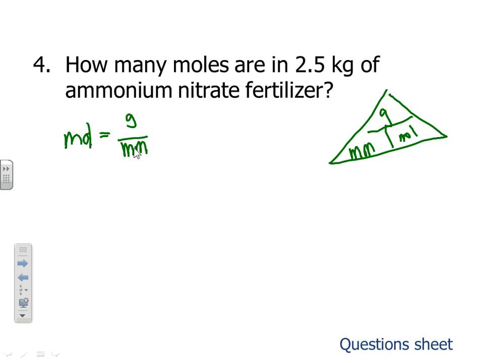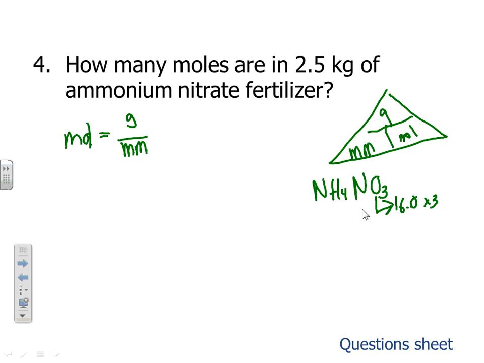Notice we need molar mass here, so I need ammonium nitrate. NH4, ammonium. NO3, nitrate. 1, 1. There's our formula there. So we're ready to roll. 16. You're going to remember that oxygen is 16. We use it so often. Times 3.